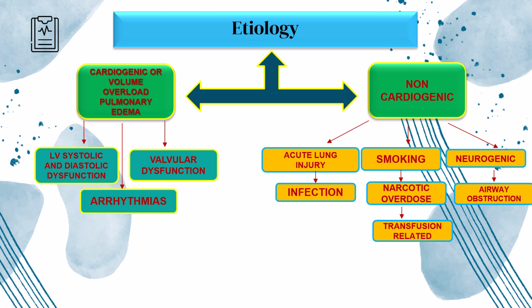So some causes are acute lung injury and smoking. There can be neurogenic causes, infections like pneumonia, narcotic overdose like opiate overdose, airway obstruction, and transfusion related complications. So these are the cardiogenic and non-cardiogenic causes.